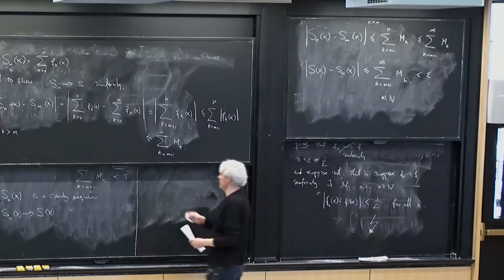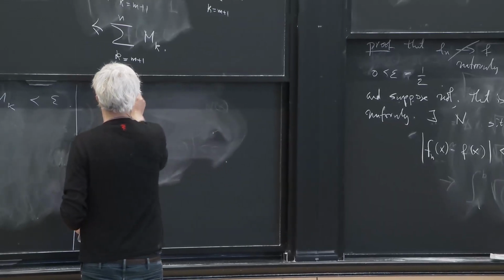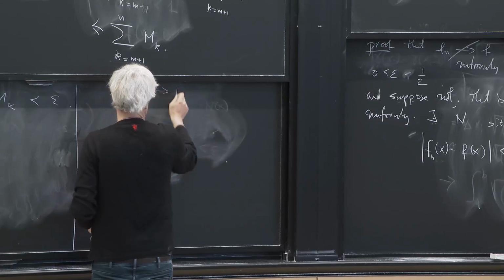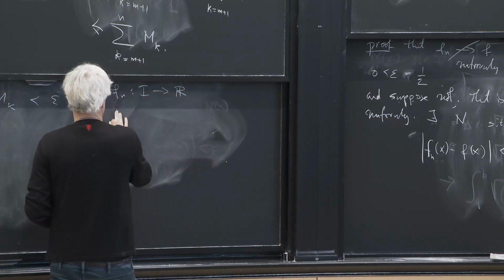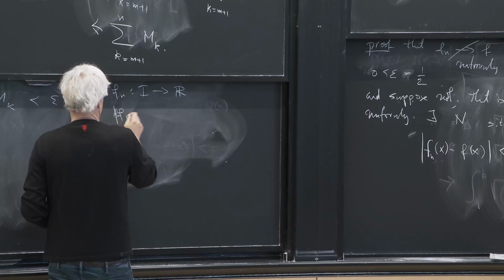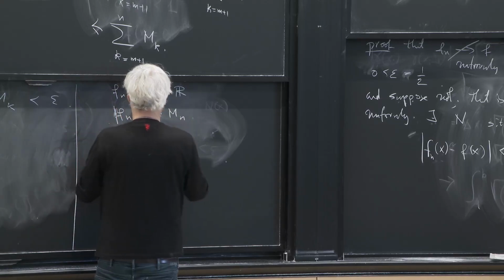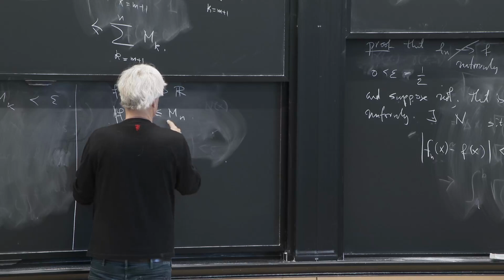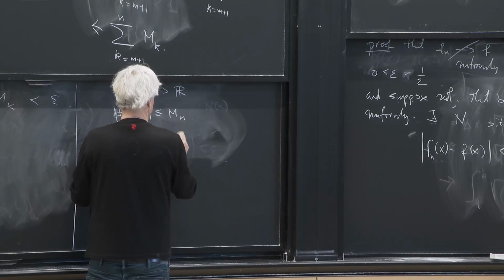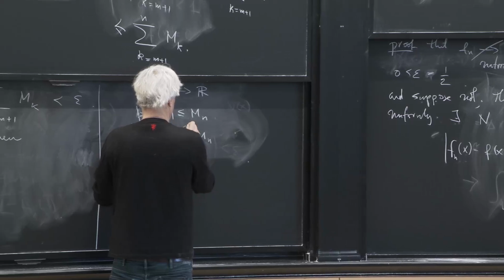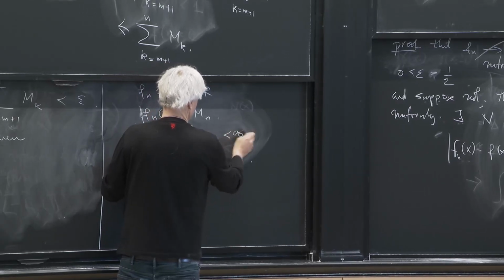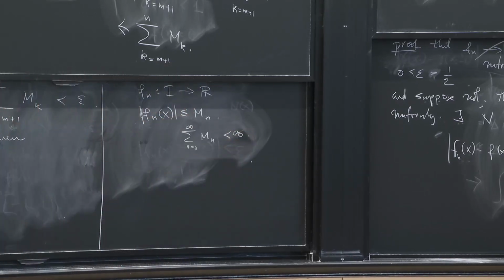So we have this sequence of functions on an interval. Maybe I erased the statement, unfortunately. And you had that this function was bounded like this. And then you had that these are just real numbers, and these real numbers are summable. So these are non-negative real numbers, of course.